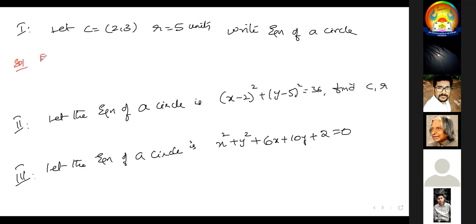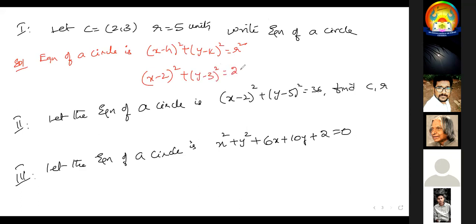Solution. The equation of a circle is x minus h whole square plus y minus k whole square equal to r square. That is x minus 2 whole square plus y minus 3 whole square is equal to 25. If you want to simplify, you can simplify using the (a plus b) whole square formula, but at present no need.